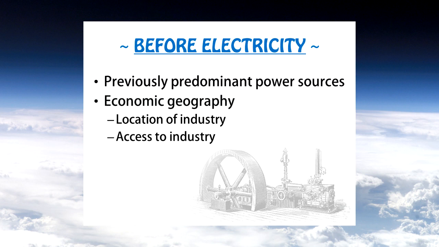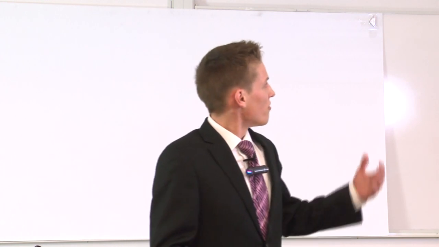These were contingent upon the economic geography. You needed to have specific resources at your disposal in order to harness these power sources. If your factory needed a water wheel and you weren't located near a river, well, it just wasn't going to be powered. The fact that these industry locations are very contingent on these resources being there made the pieces of land that had these resources very expensive and very desirable.